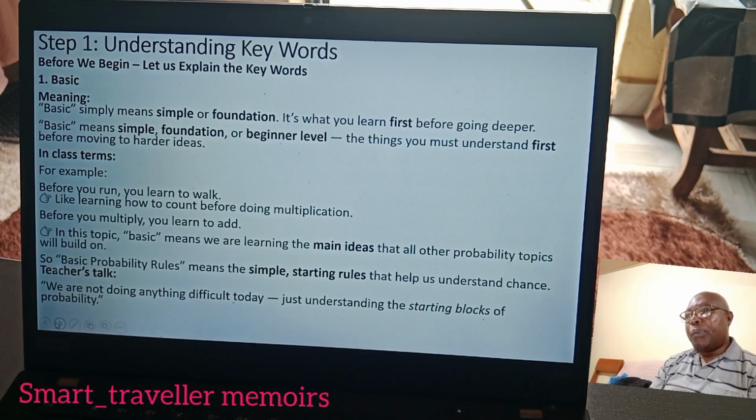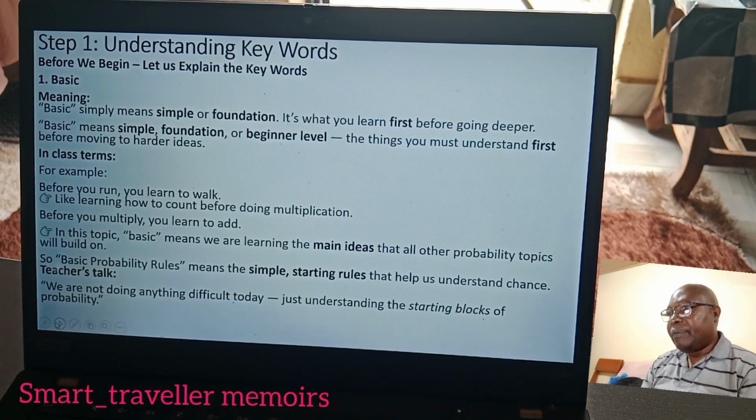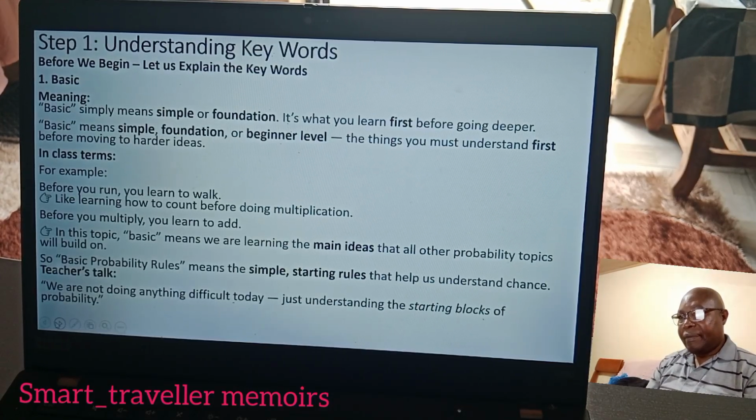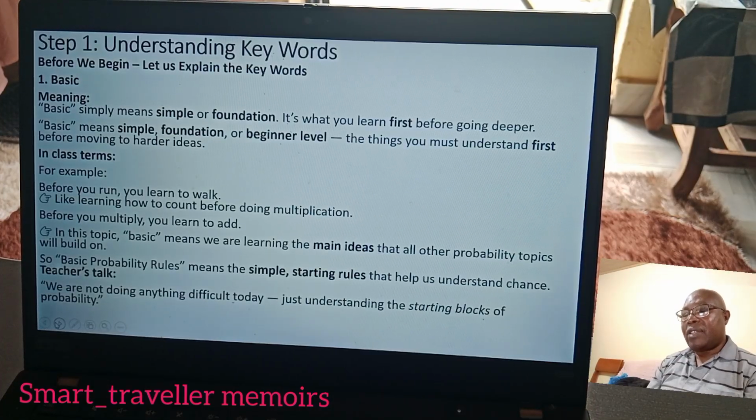Basic means simple, foundation or beginner level. The things you must understand first before moving to harder ideas, or to more difficult ideas for that matter. In class terms, for example, before you run, you walk. Like learning how to count before doing multiplication.